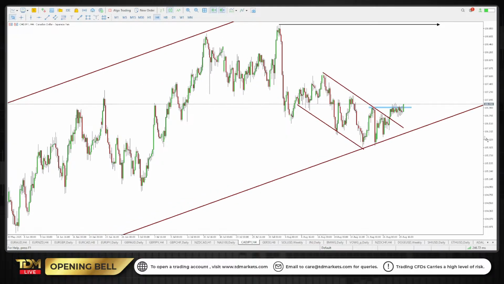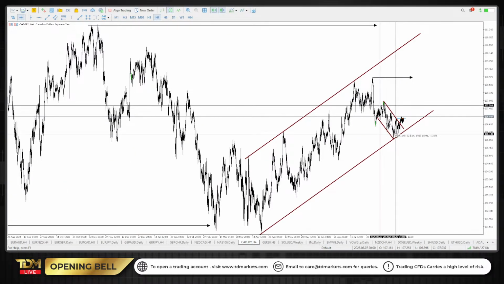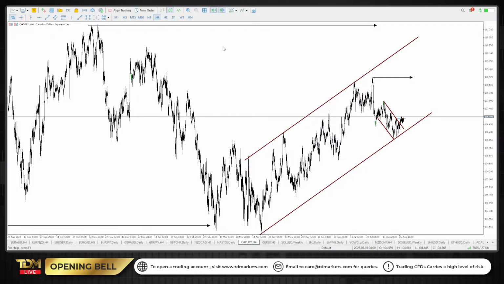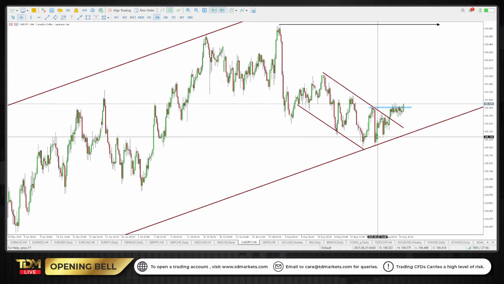So starting with CAD JPY, I spoke about this in the trading room this week, and we said that price around the zone, there's a possibility price is going to break out of this descending structure. You will notice that this descending structure is just a structure within a bigger ascending structure. So the outlook here is we want to go with the bigger structure simply because the market has broken out of the descending structure.